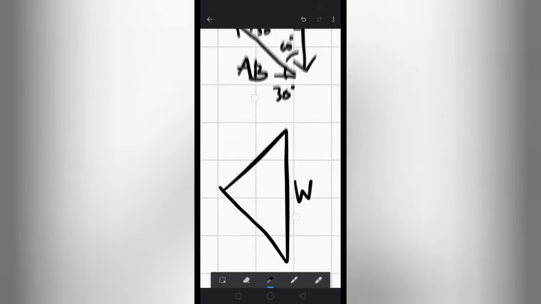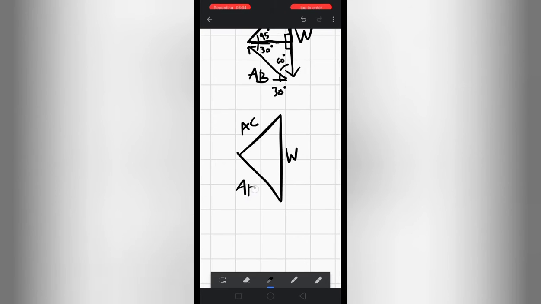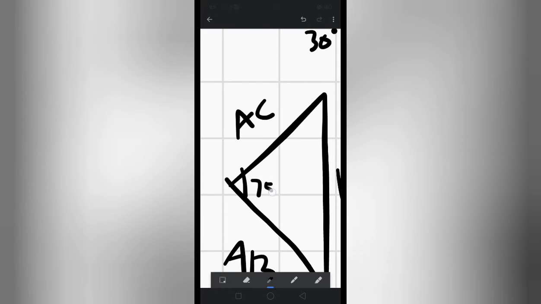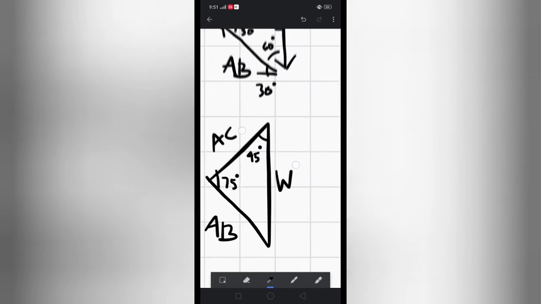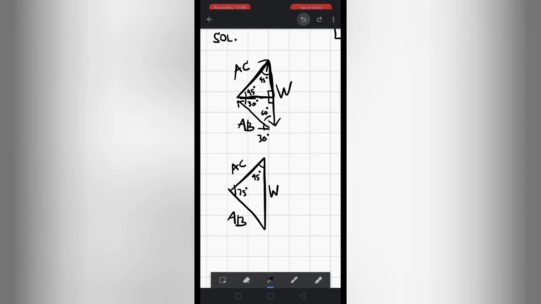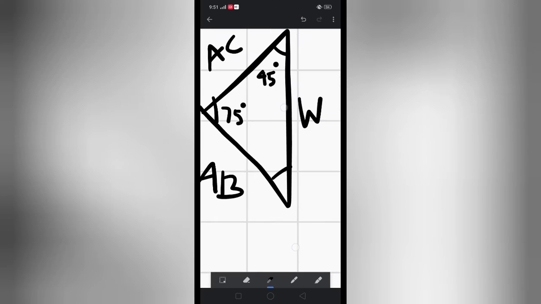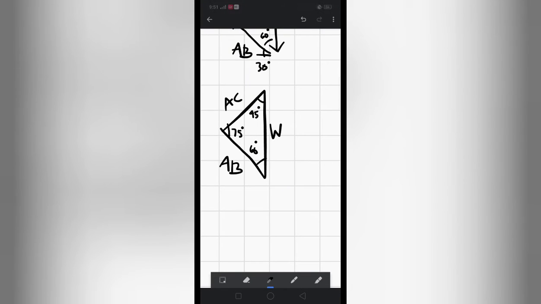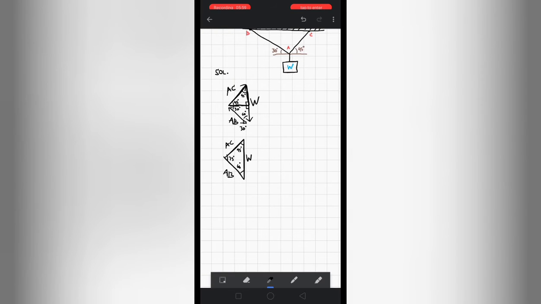This is W, this is AC, and this is AB. 45 plus 30 is 75. And here we have 45 degrees from here, and then 60 degrees below. So if we add 60, 75, and 45, that should be equal to 180 degrees since this is a triangle.